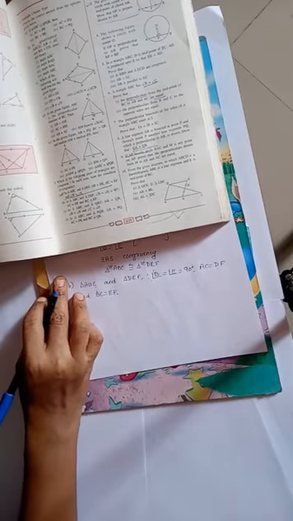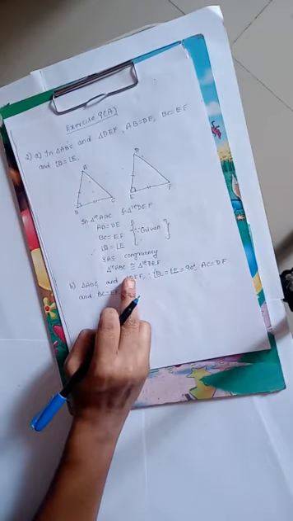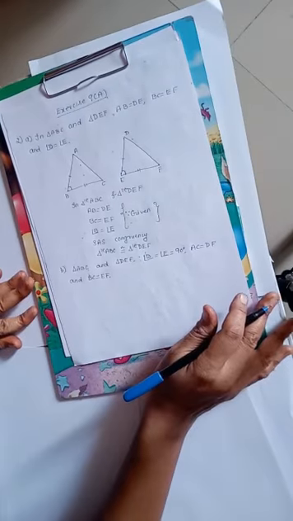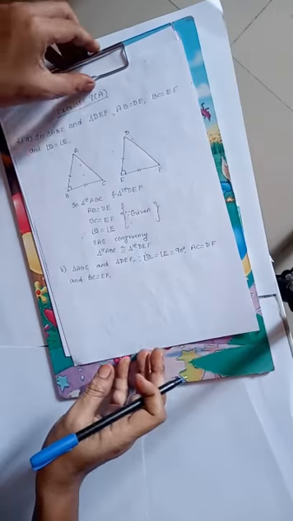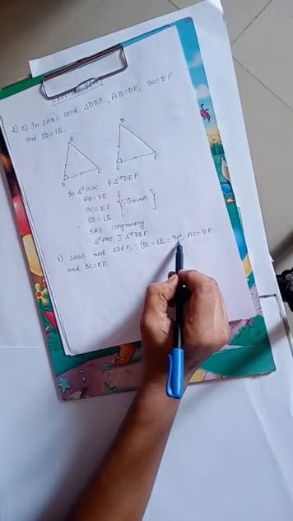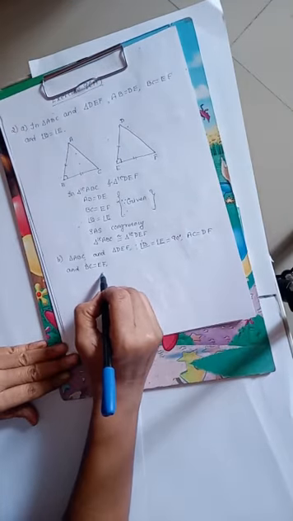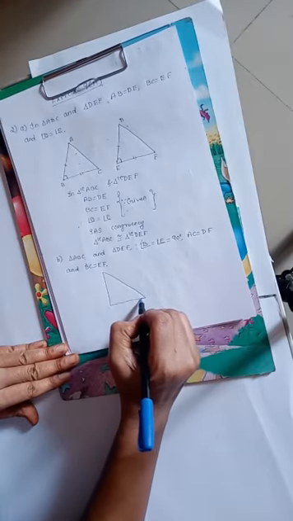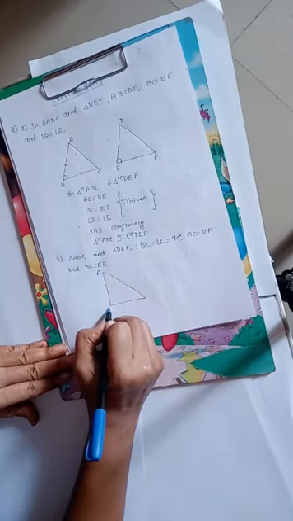Now you need to check on what condition these two triangles are congruent. First draw the two triangles. One angle is 90 degrees, which means obviously the two triangles are right angled triangles.